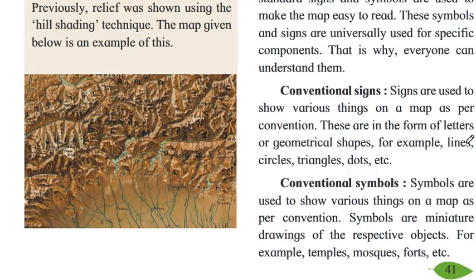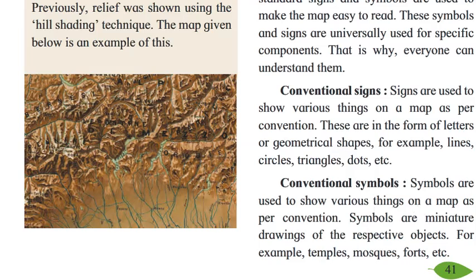For example, lines, circles, triangles, dots, etc. Conventional symbols are used to show various things on a map as per convention.